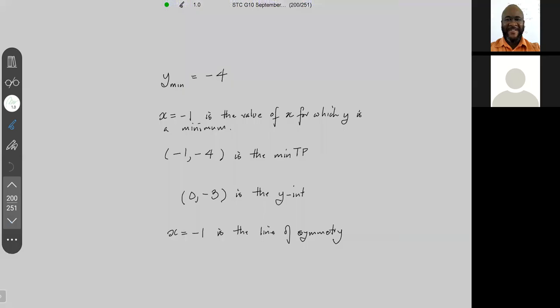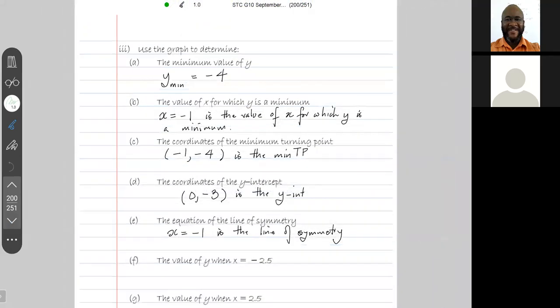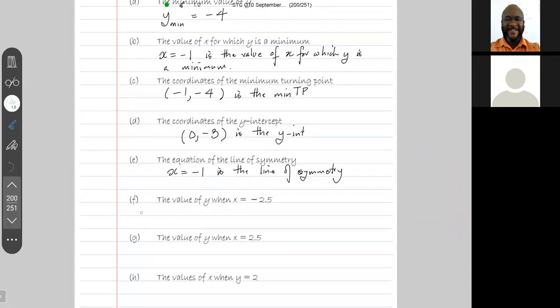So to answer my questions, I'm going to tell the examiner when x is equal to minus 2.5, y is equal to minus 1.8. Also, when x is equal to positive 2.5, y is equal to positive 8.